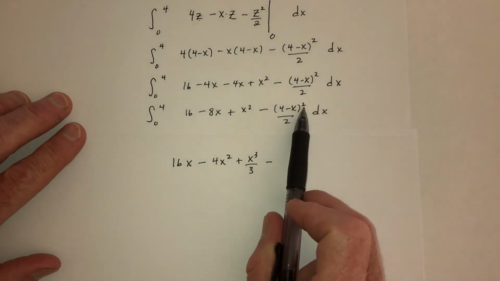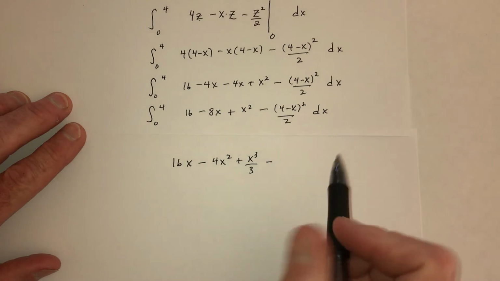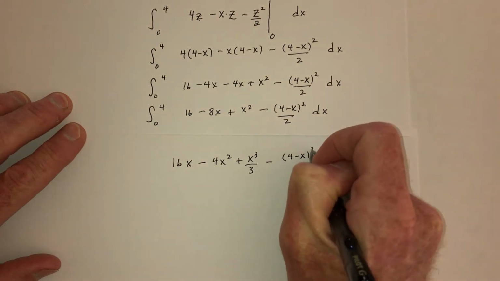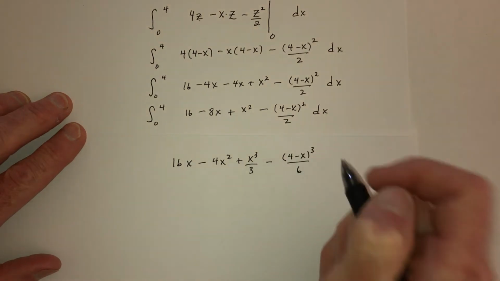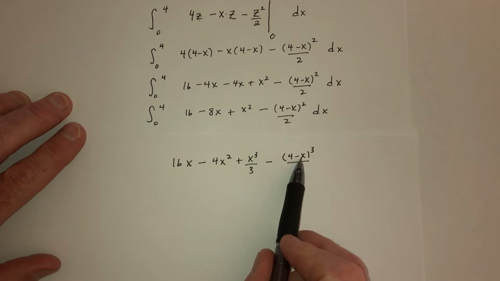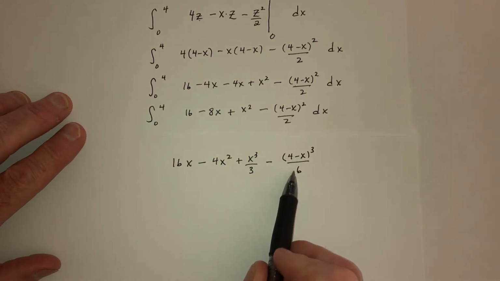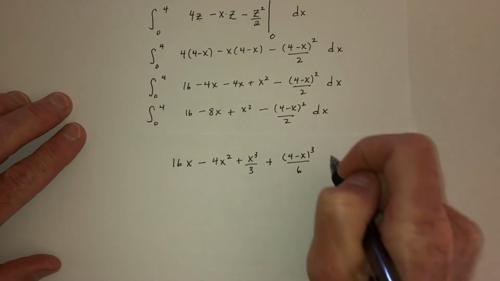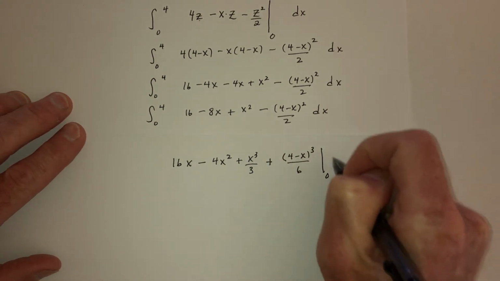So add 1 to the exponent, that would be 3, and then divide by 3. And then you have to consider the chain rule. The derivative of the inside would be a negative 1, so also divide by a negative 1, which will actually change this to a positive. And finally, evaluate that from 0 to 4.